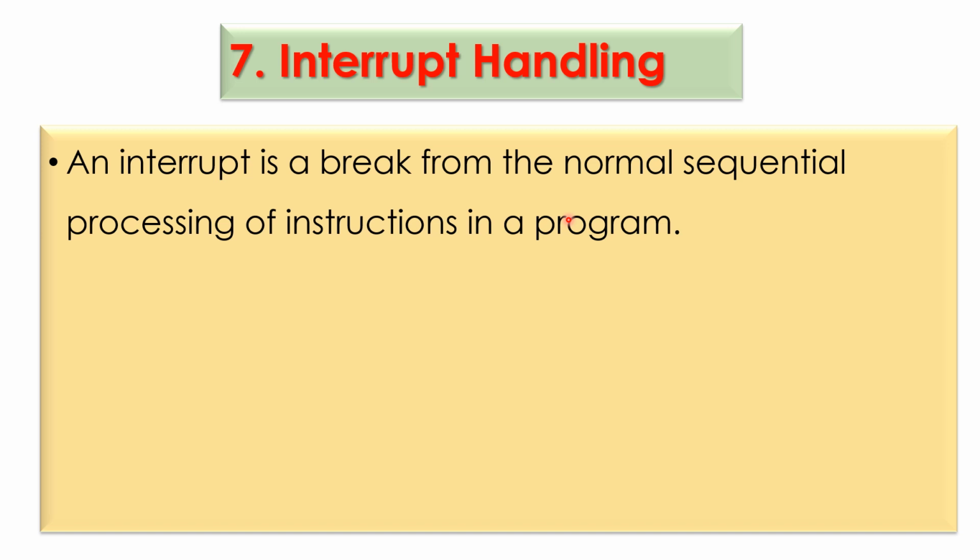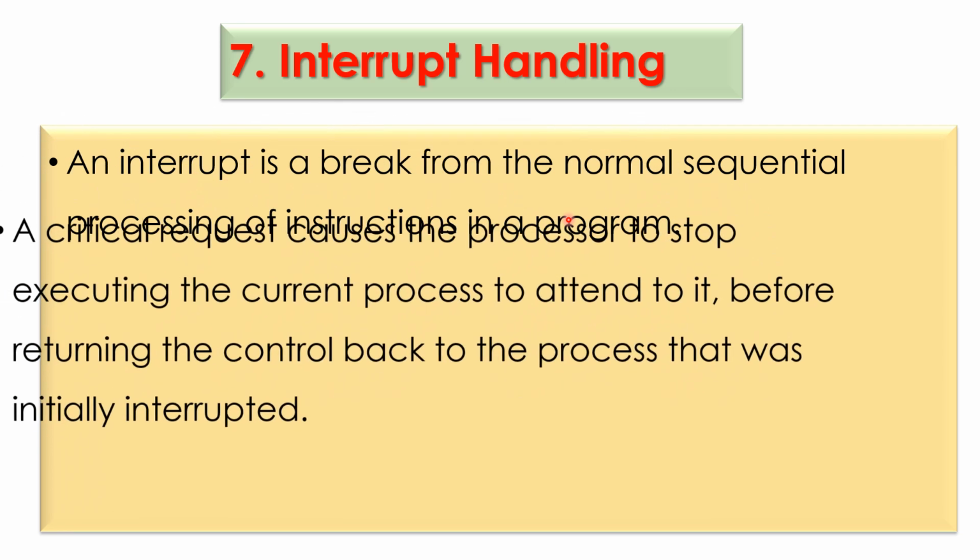Therefore, that one is also handled by the operating system. The operating system will tell you that there is a break, there is a cutoff in the normal sequence of how the information, the instructions or the processes have to be handled. So it handles that interrupt handling, the error, the break, or the cutoff.